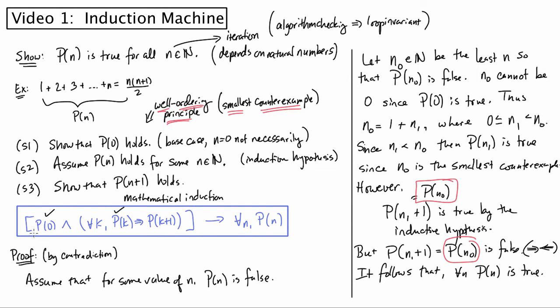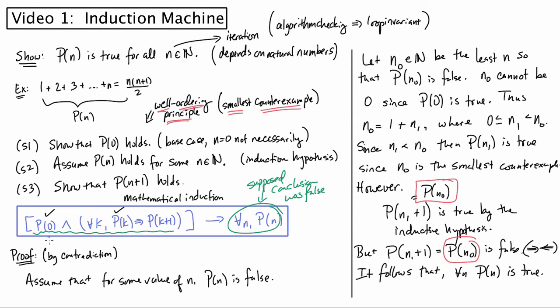I started off by supposing, for the purposes of contradiction, that the conclusion was false. I then showed that if we proceed from the assumption that the conclusion's false, that ends up leading us to a contradiction. Therefore, the conclusion must have been true all along. That is this logical statement.